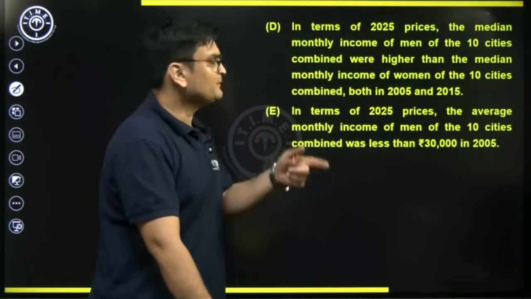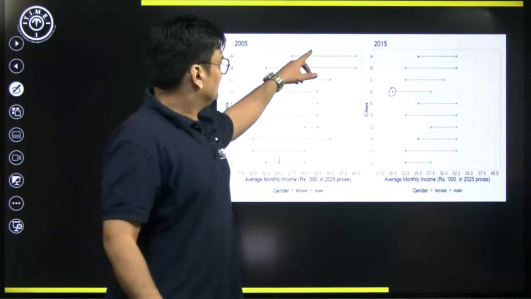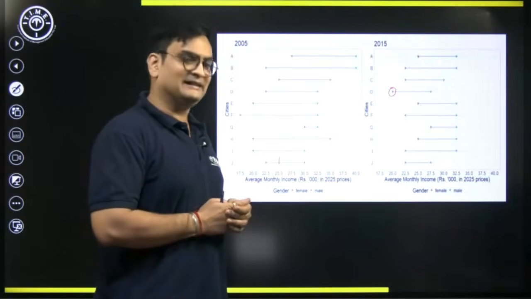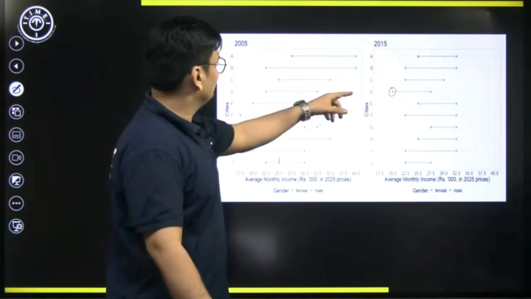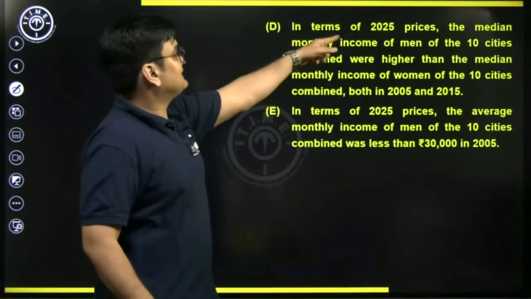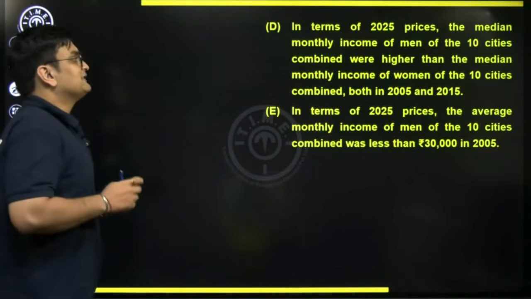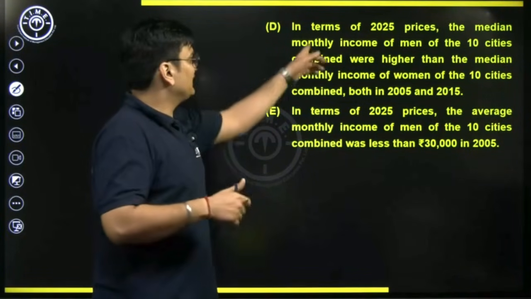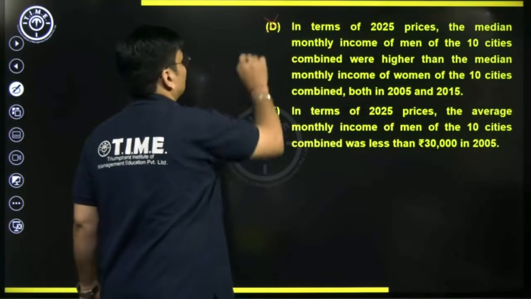Do we have that information about the number of males and females in the cities? No, we do not have that, and hence it would be very difficult to determine. It's very hard to say, and hence we can also reject this answer.